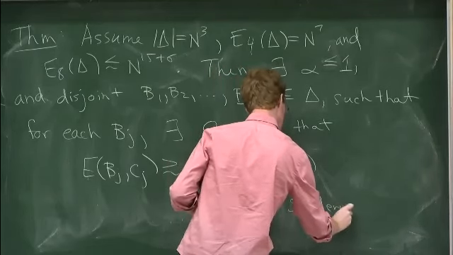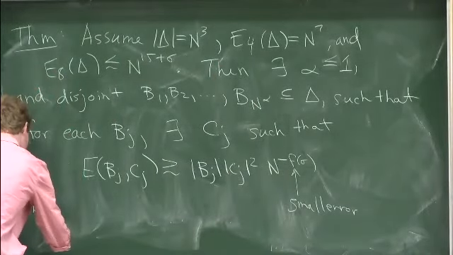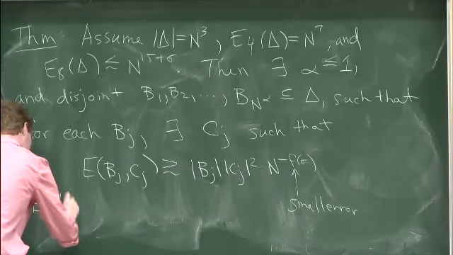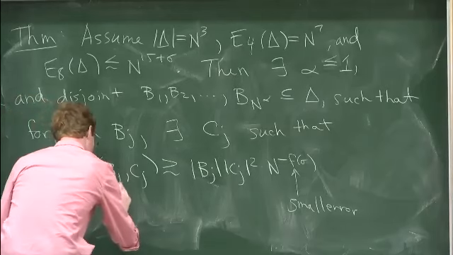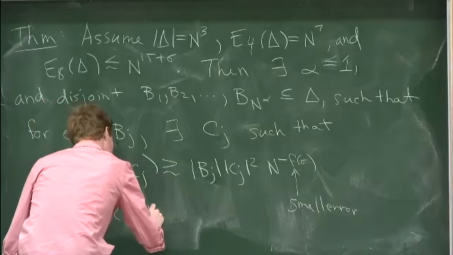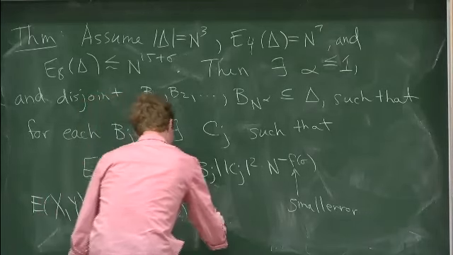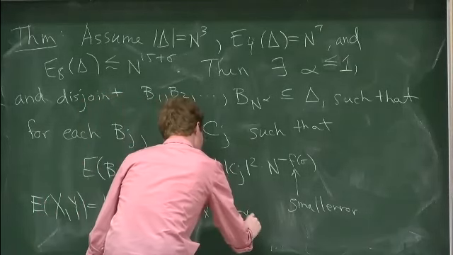So E of two sets X and Y is the number of the set of x1, x2, y1, y2 such that x1 minus x2 is equal to y1 minus y2.